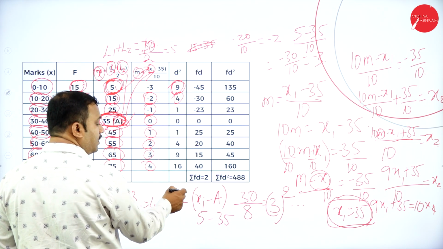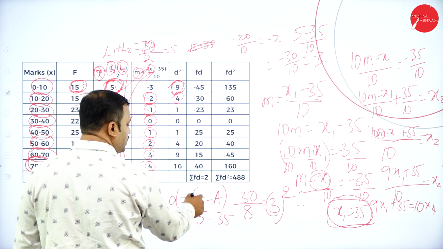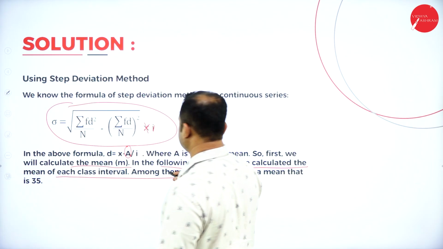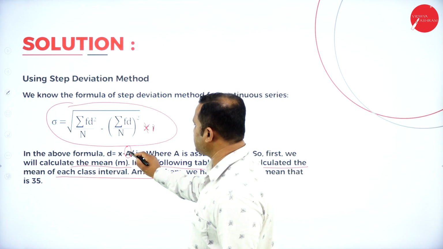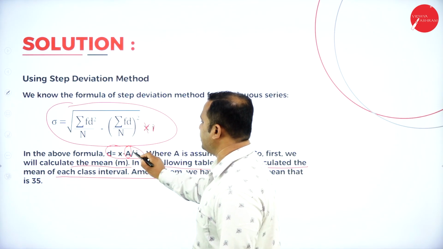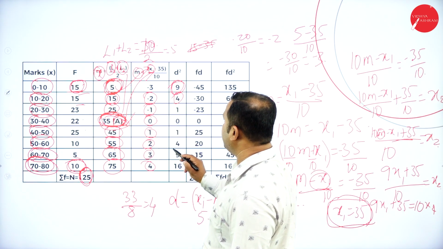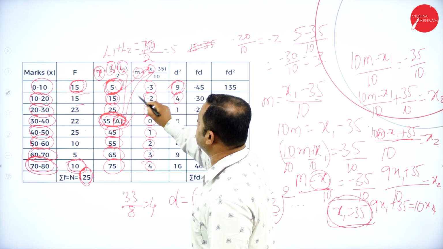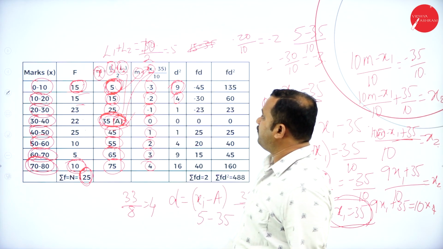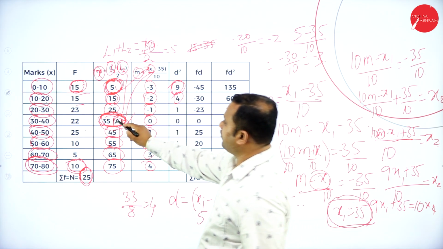But we have to find out D is equal to xi minus A. If you look at this, xi minus A divided by I. What is the value of x here? It is equal to the value which we have identified here. This is the value of x. That is 5. 5 minus 35.